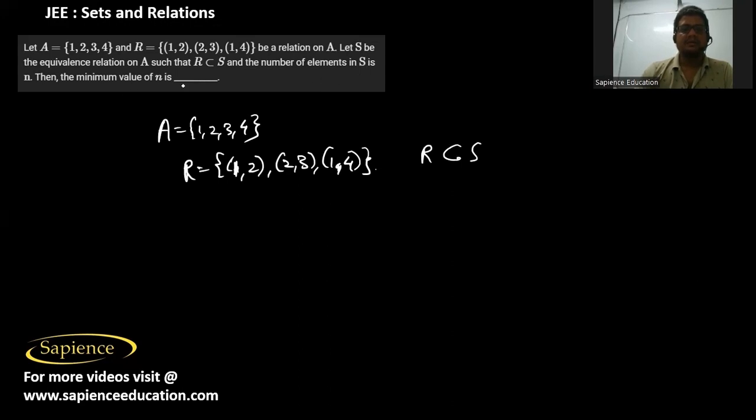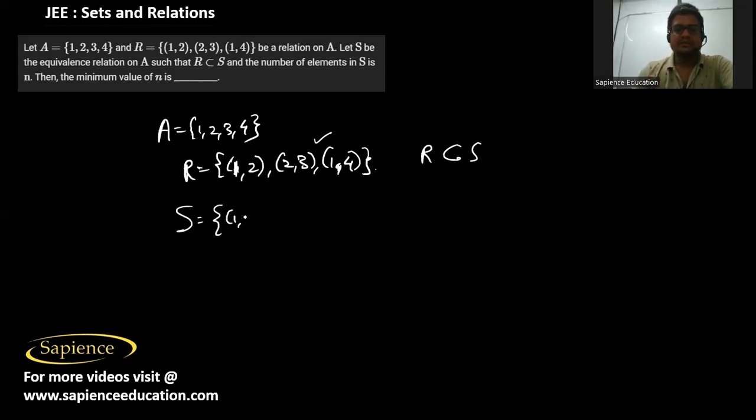Then the minimum value of n is? So S should be an equivalence relation containing these elements in R, and it should contain the minimum number of elements. So it should be an equivalence relation.